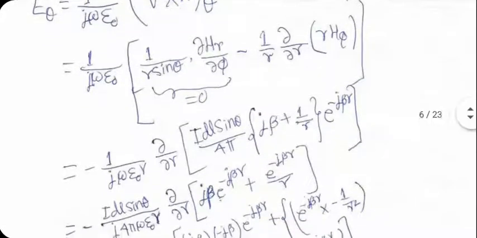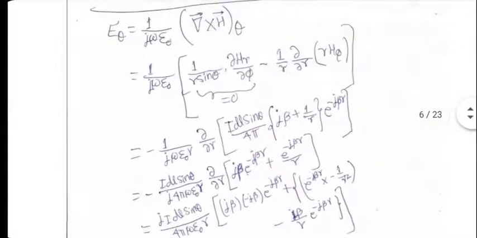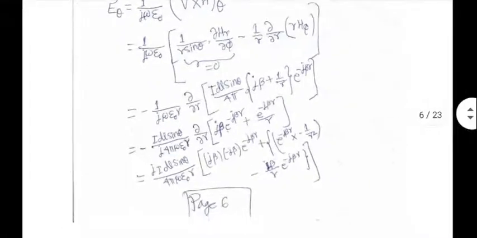You can verify these derivations. I got a fairly complicated equation for E theta also, which actually simplifies further to this formula. This is given in the book.